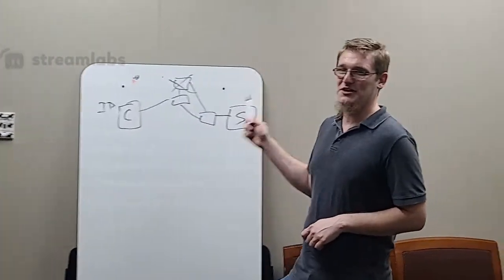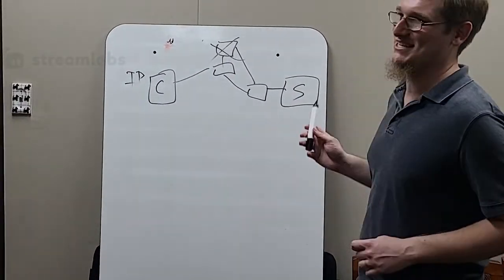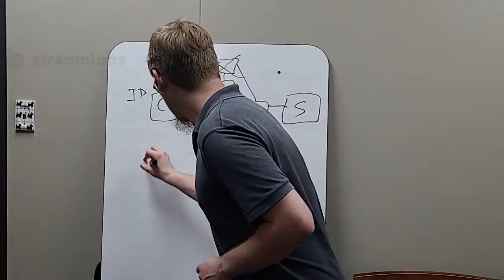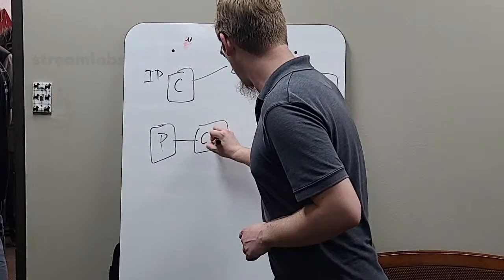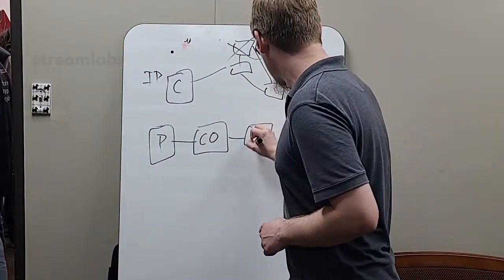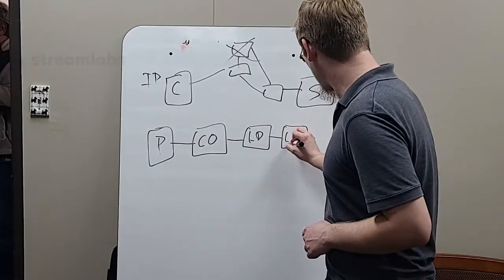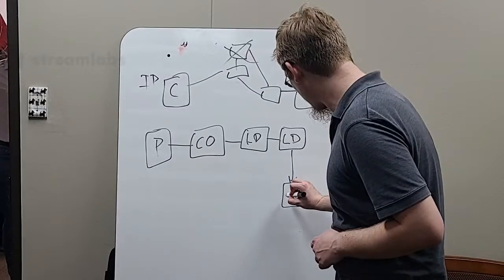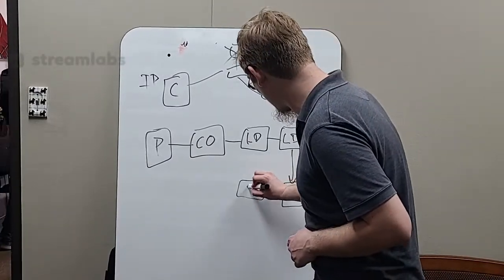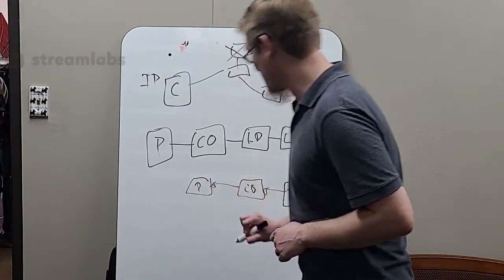This is not how the telephone network works. The telephone network is far more interesting. You have a phone. This connects to a central office, which connects to a long-distance tandem, which connects to one or more long-distance switching centers, which connects back to another CO at the other end, which connects to the person you actually wanted to call.